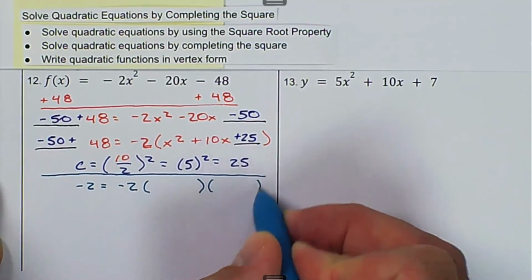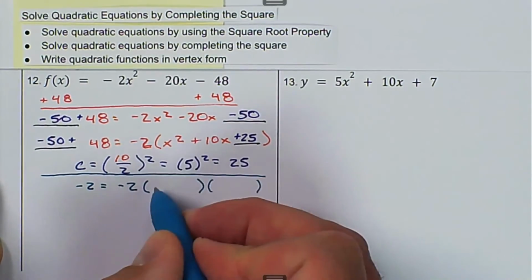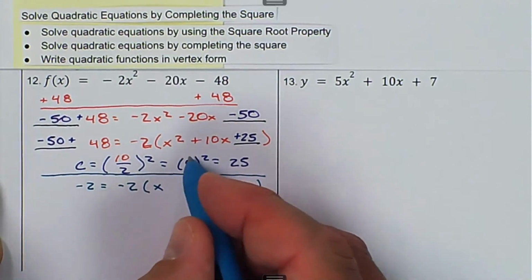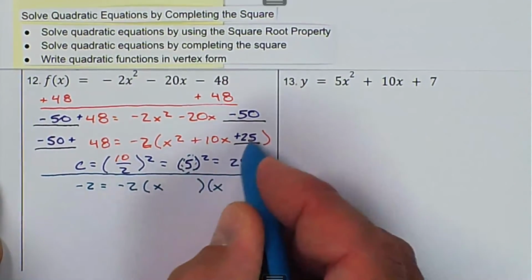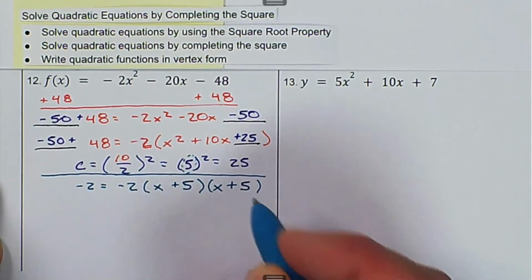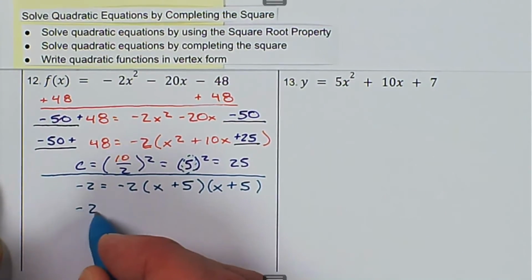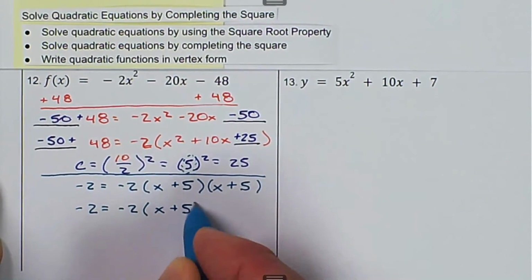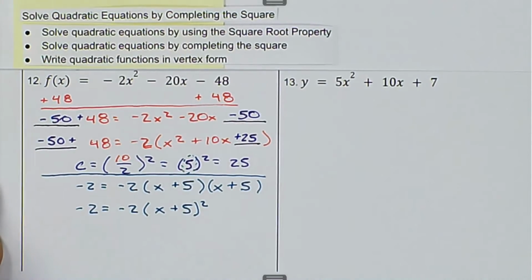And then we got our binomial. The only thing that's going to get us x squared is x times x. And then whatever we squared to figure out what we're adding goes into our perfect square. And now we can rewrite it as negative 2 is equal to negative 2 times the quantity x plus 5 squared.